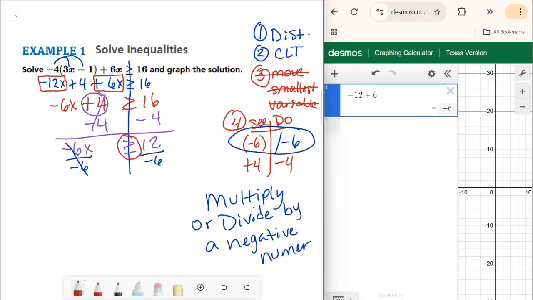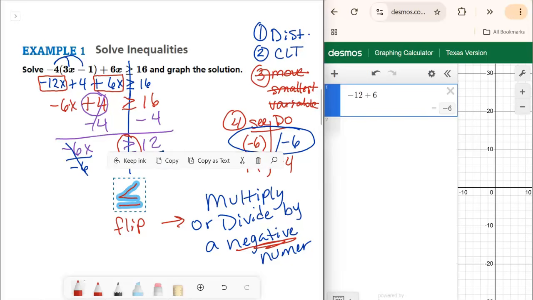The inequality sign is going to flip. You will flip the inequality sign anytime there is multiplying or dividing by a negative number. Only by a negative number. So because I divided both sides by negative 6, I needed to flip my inequality sign.